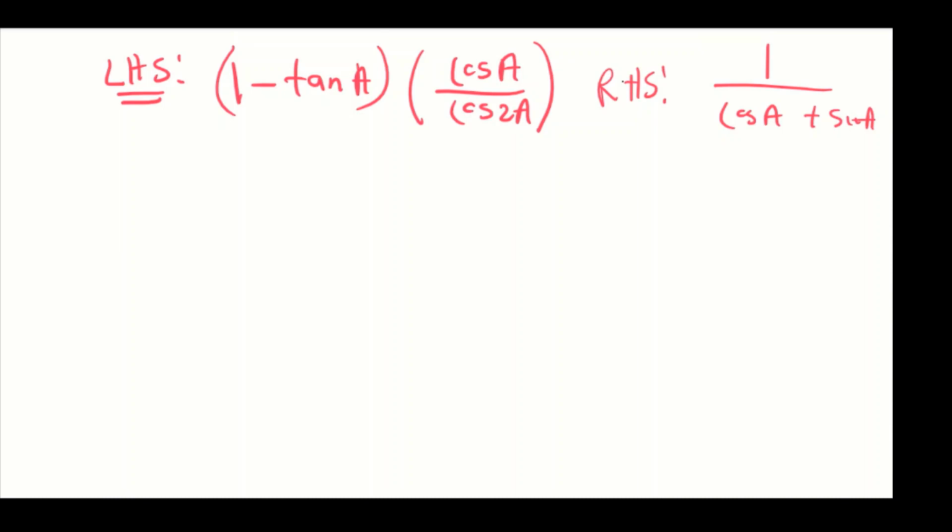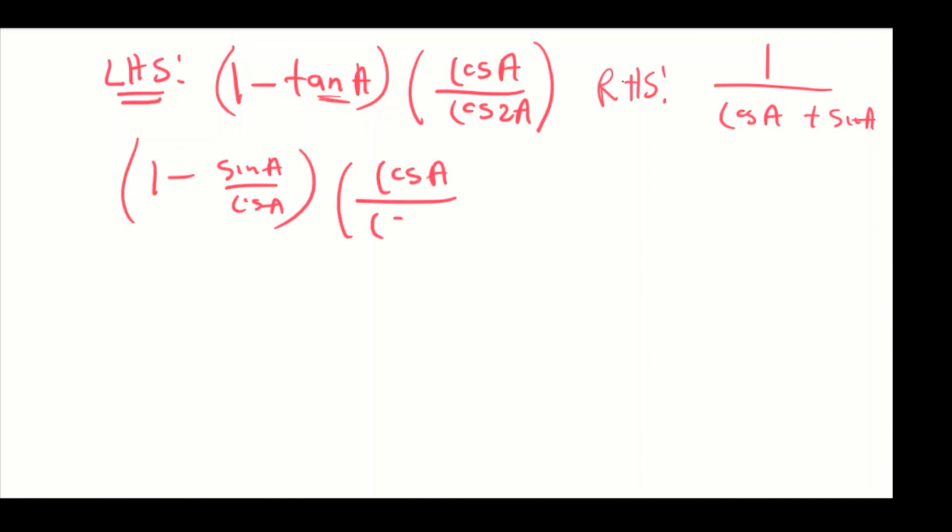So what you're going to do is first change this tan into sine of a over cos of a. So that's one of the identities, so we have 1 minus sine of a over cos of a, multiplied by cos of a over cos of 2a, right?